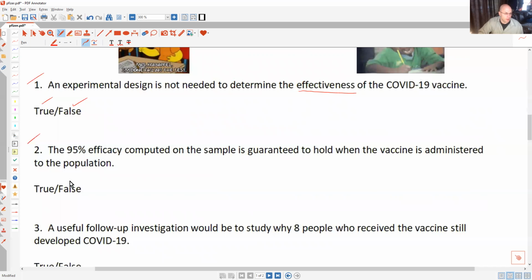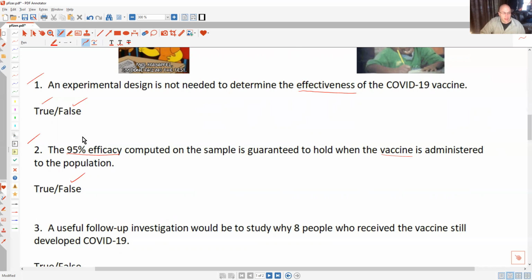Okay, so that one would be false as well. As mentioned, the 95% efficacy is computed on the sample, but by the process of scientific induction and inference, they do not know yet how the vaccine is going to perform on the population.